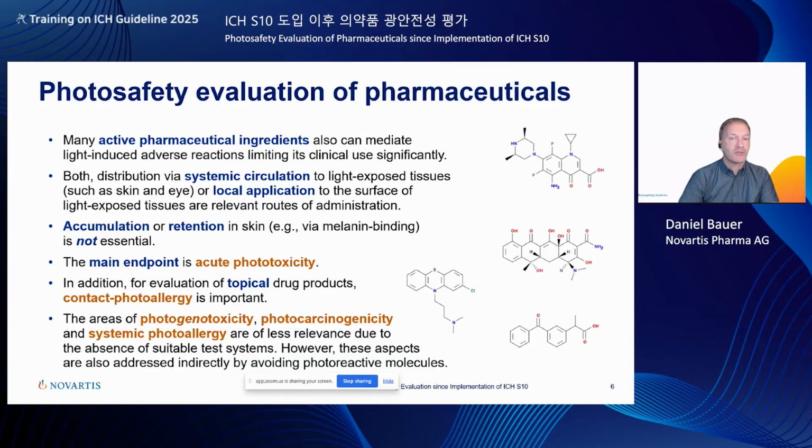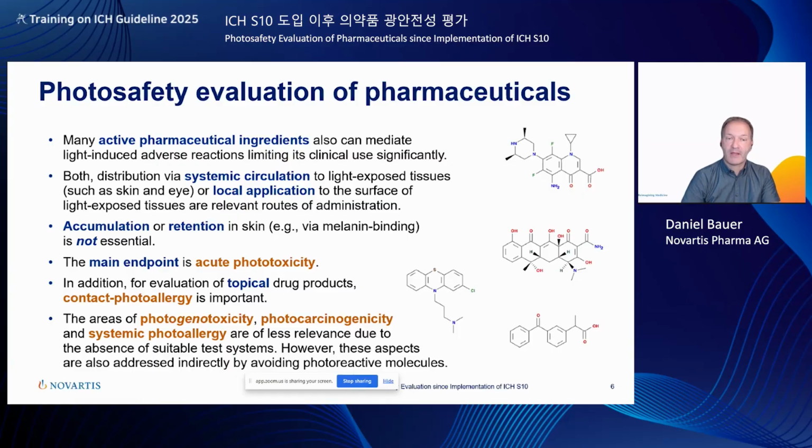As mentioned, there are also topical drugs, and their contact photoallergy as a delayed reaction is also important. But the areas of photogenotoxicity, photocarcinogenicity, and systemic photoallergy, so systemic photoallergy after taking oral drugs, for instance, are of less relevance.